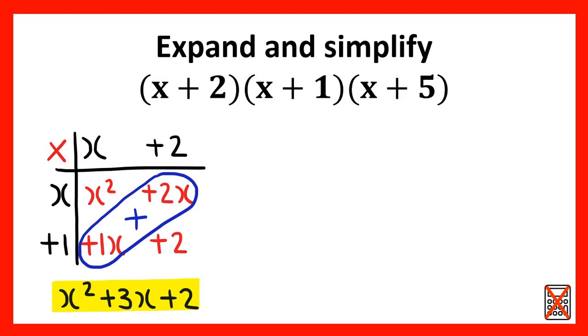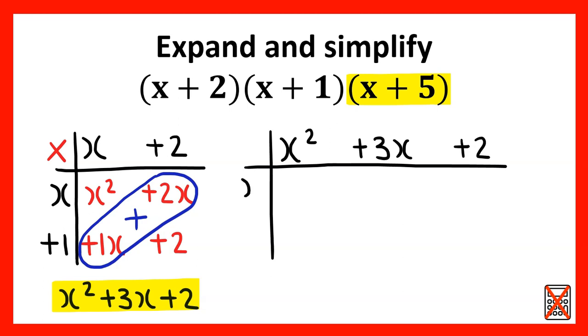Next, I take the result of this and multiply it by the last bracket. Again, I'll use the grid method to do this, with a slightly larger grid, because at the top, I'll break up x squared plus 3x plus 2 into separate terms, and across the side, I'll break up the last bracket into x and positive 5.